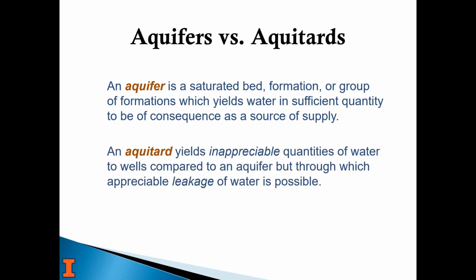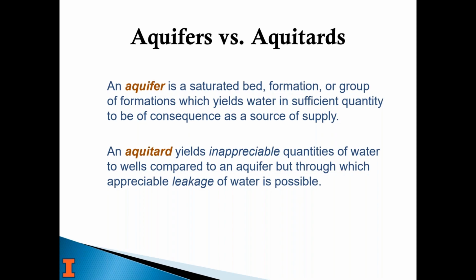The other side of that is an aquitard, which means it doesn't provide an ample quantity of water compared to an aquifer. In general terms, an aquifer is either fractured bedrock or sand and gravel, and an aquitard is a clay, a silt, or a shale.